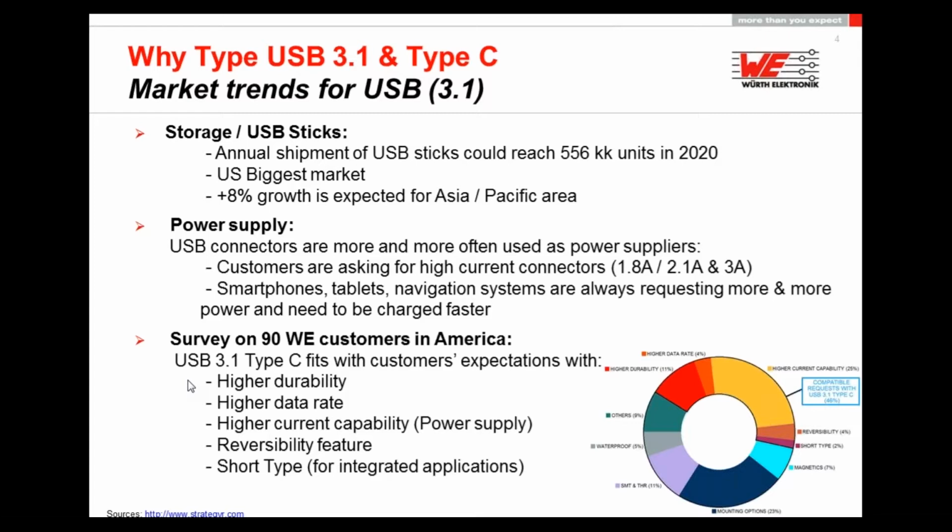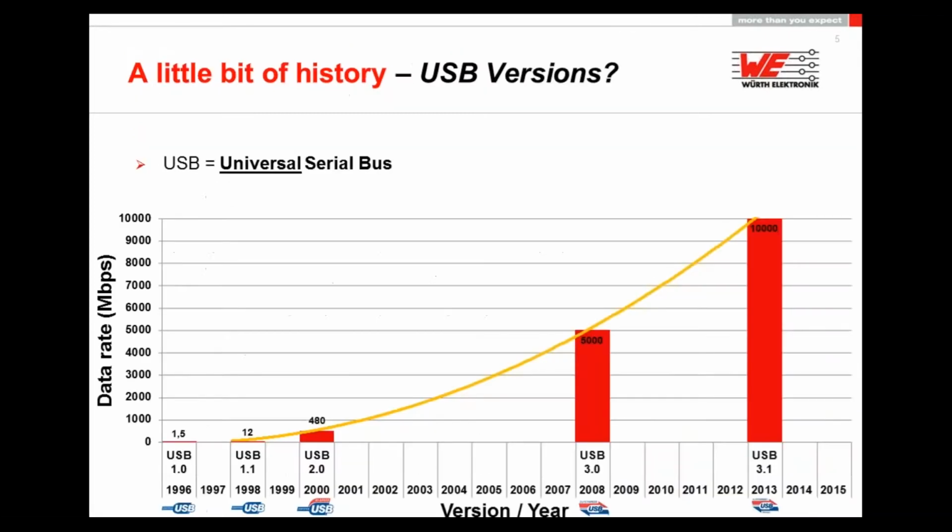What we did is we analyzed the needs of a lot of customers in America. What did they expect from a Type C? And what you can find here in the table is the list of the top answers that we got.